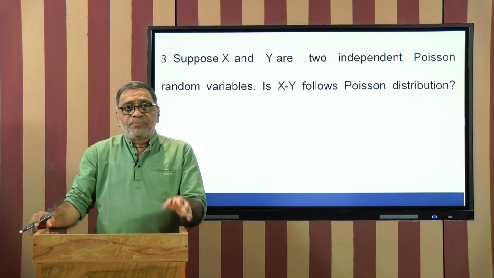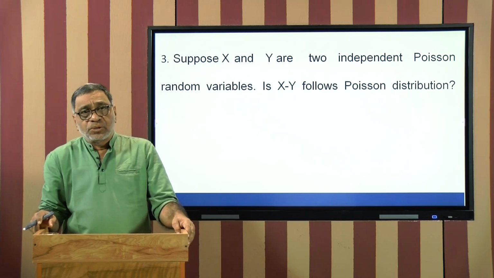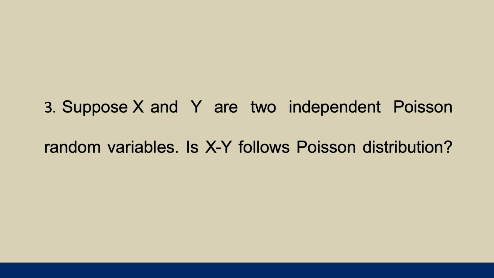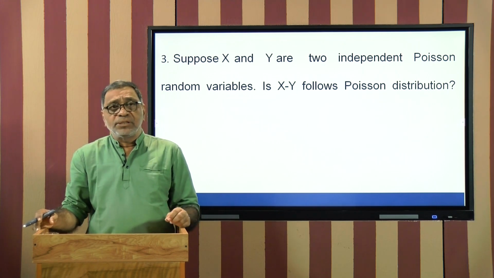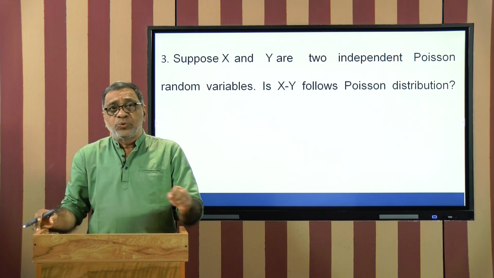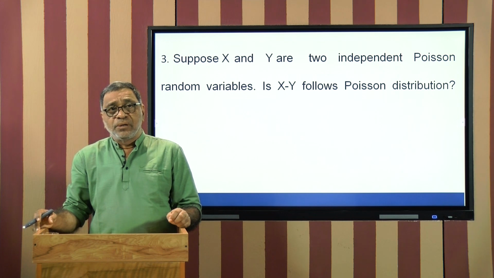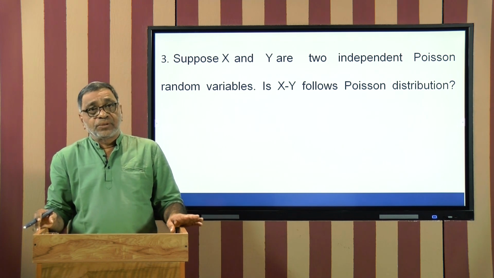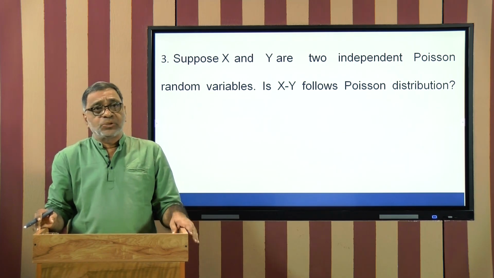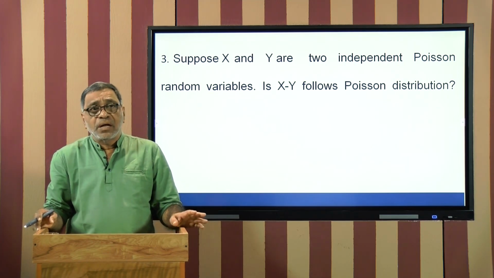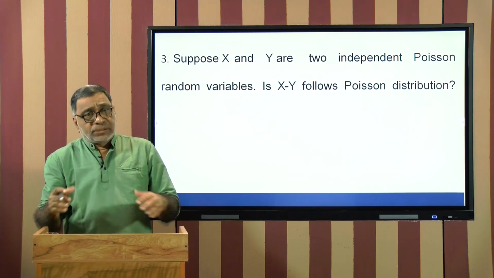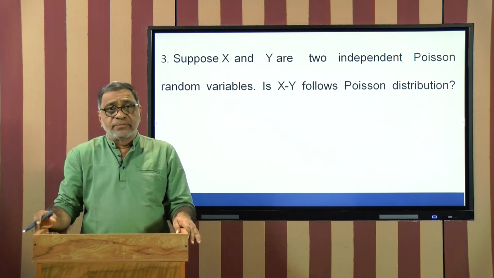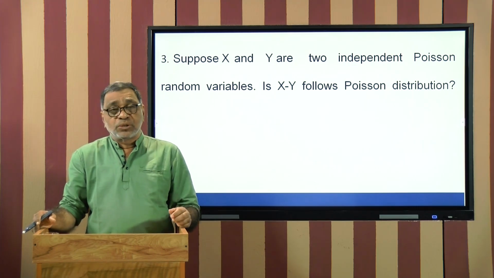And another problem regarding the Poisson random variable: suppose we have two independent Poisson random variables, and we have already established that the sum of these two independent Poisson random variables is a Poisson random variable. The sum of n independent Poisson random variables is a Poisson random variable. Naturally a question arises here: does the difference follow a Poisson distribution?